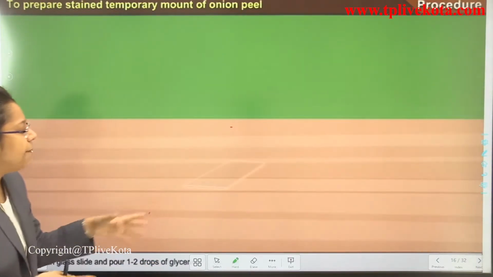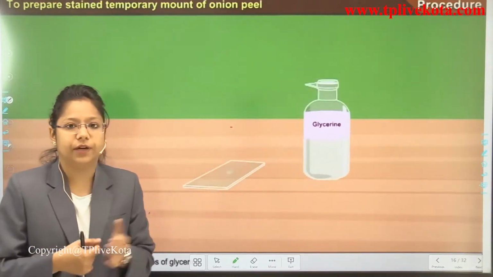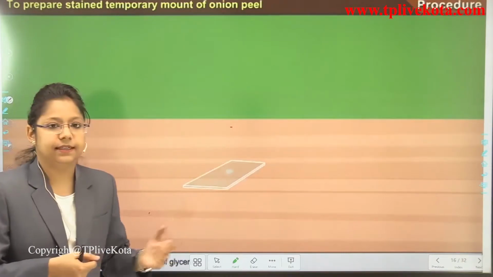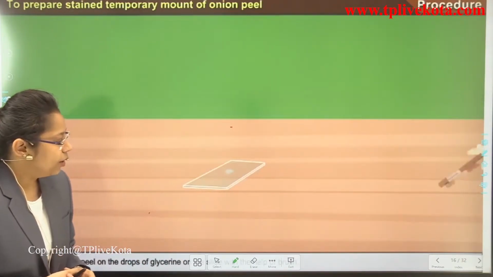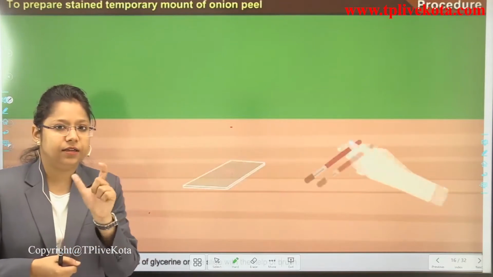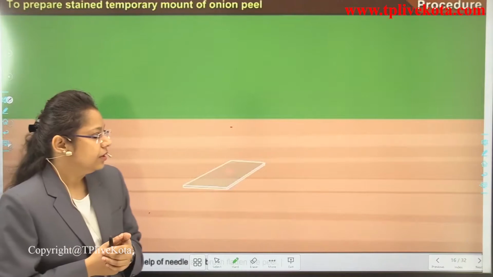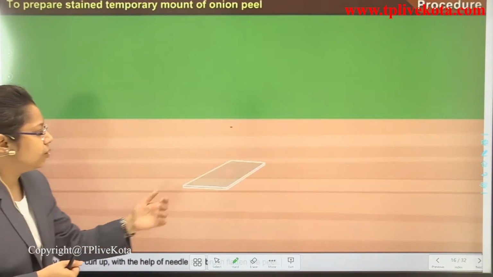Now what will happen, students? We take a glass slide and put a drop of glycerin on the glass slide. Now we put the cell part, the transparent part which we have taken, using a brush, over the glass slide.